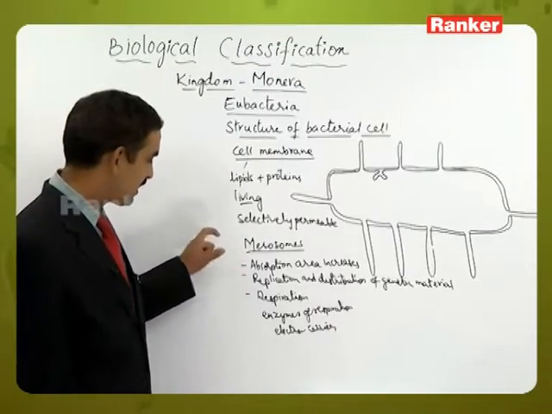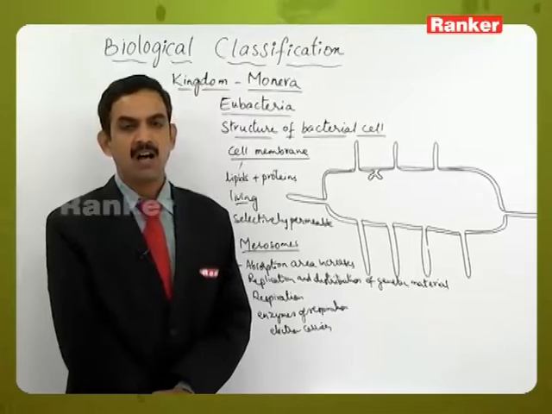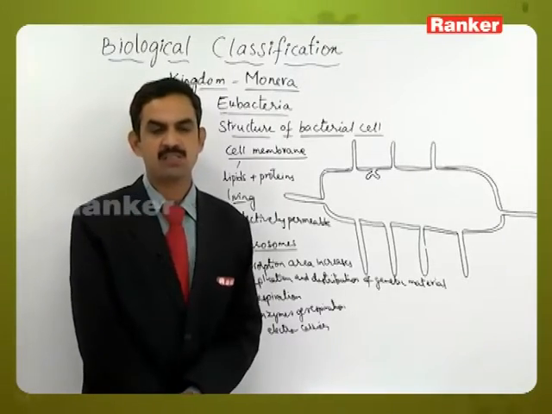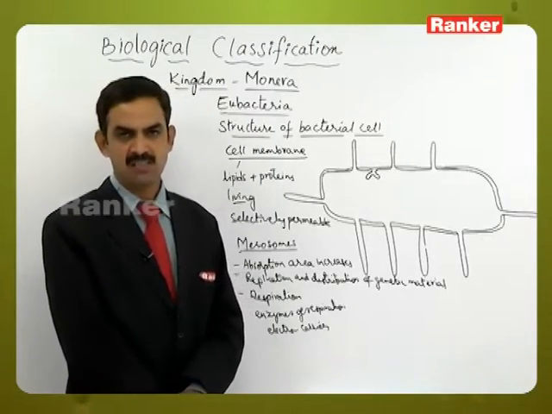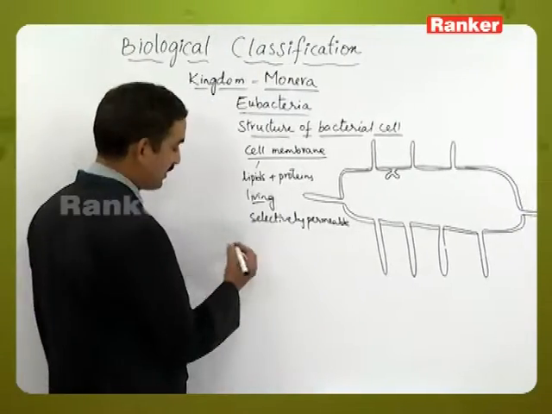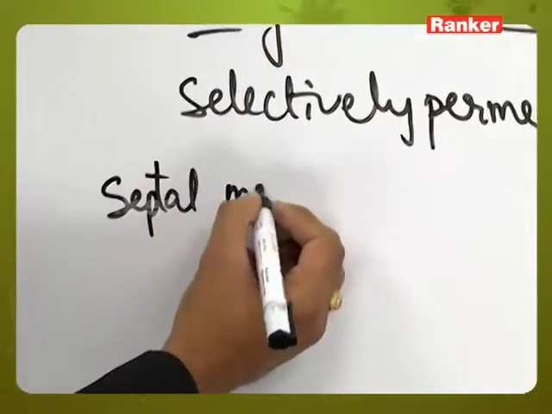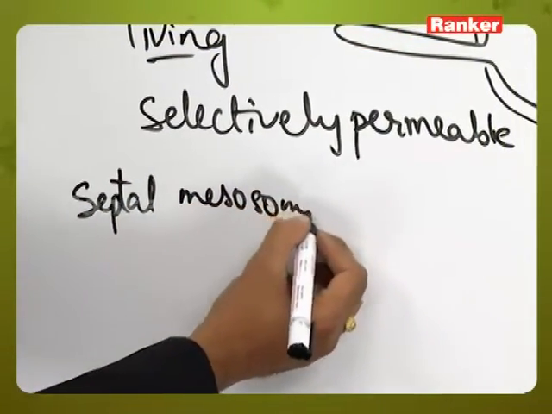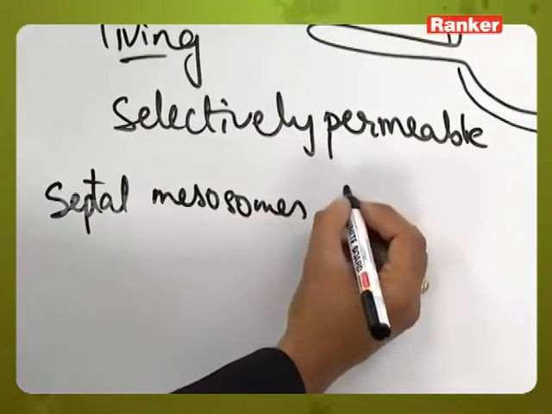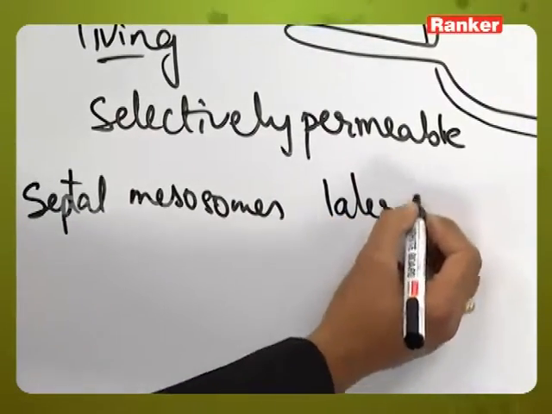These are some special characters identified in the mesosomes, which are present only in the bacterial cell. Some of them are considered septal mesosomes, and some are lateral mesosomes.